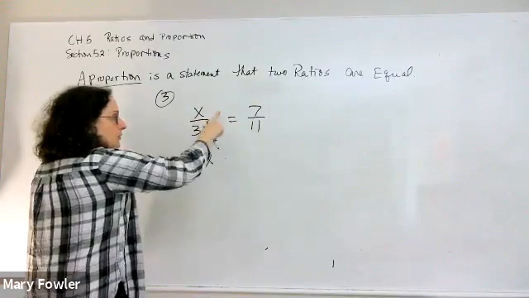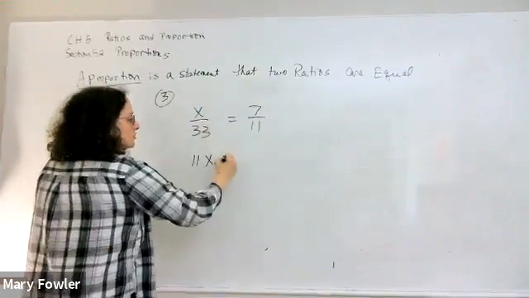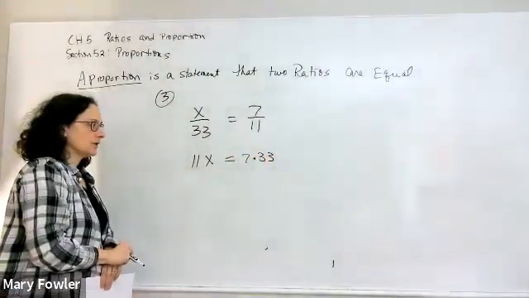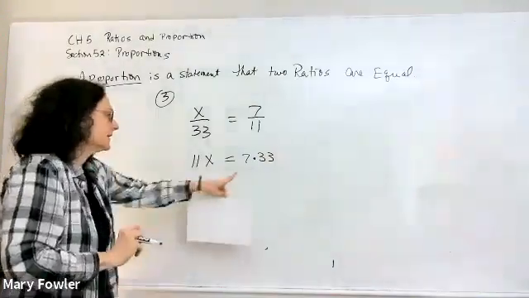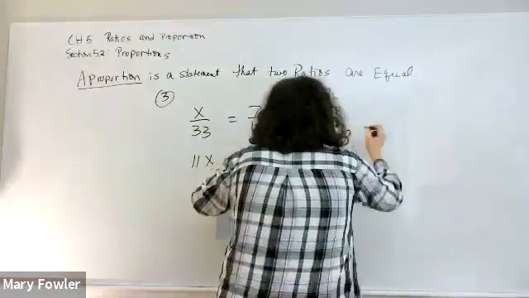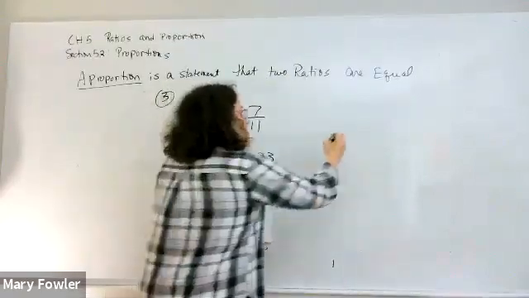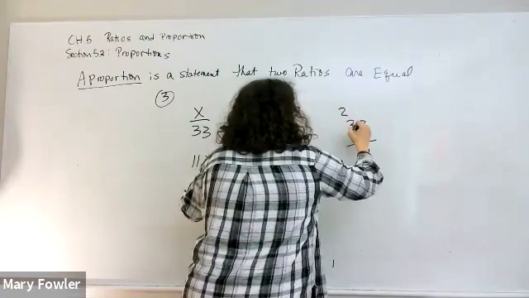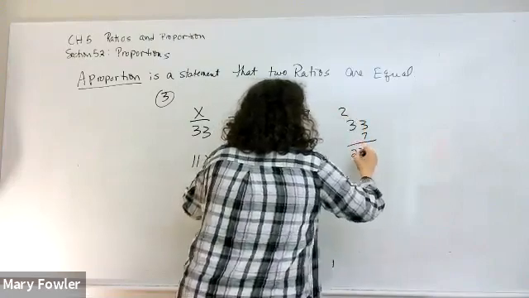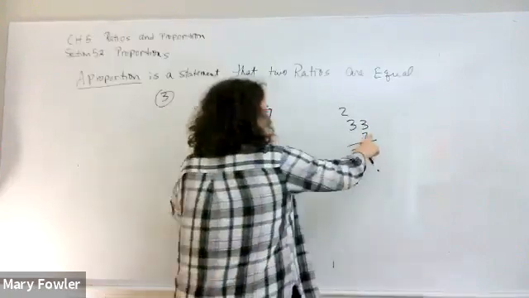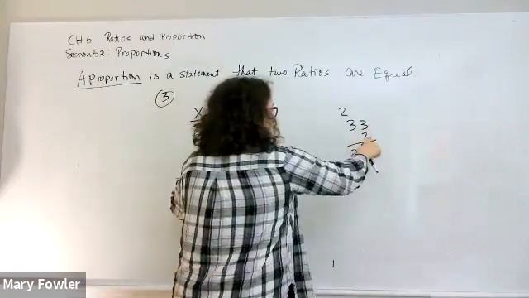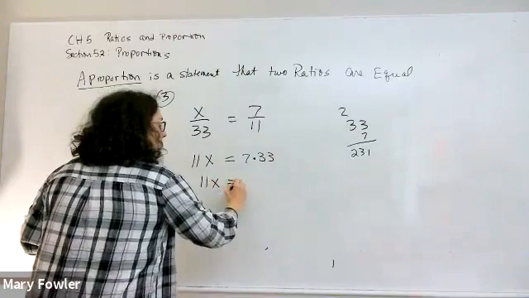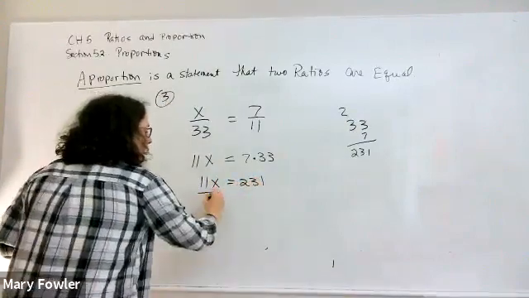If this was going to be in proportion, I would need 11 times x to equal 7 times 33. So let's go ahead and calculate out the right-hand side. I think it's 231. I'm going to check. 3 times 7 is 21. So 11x is going to equal 231.